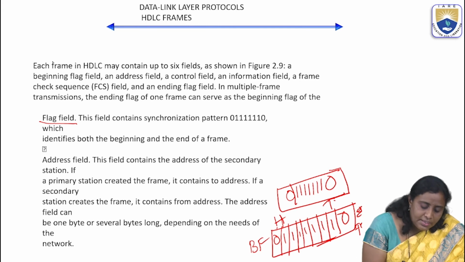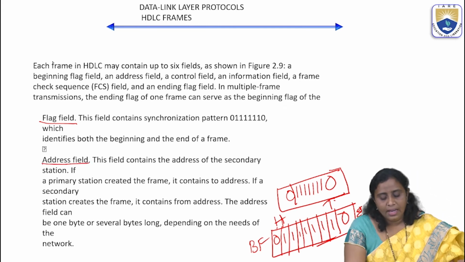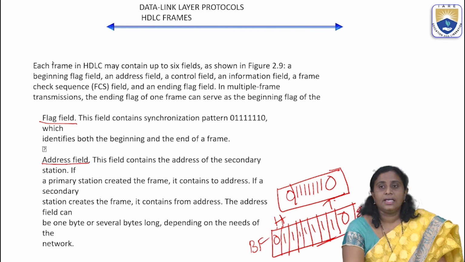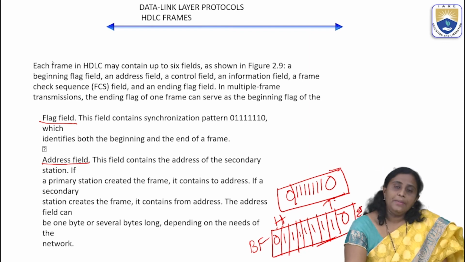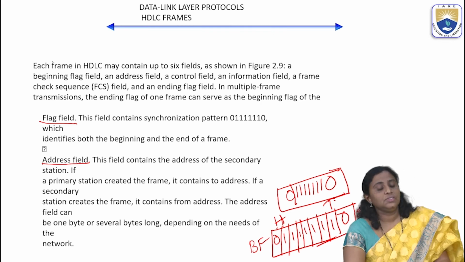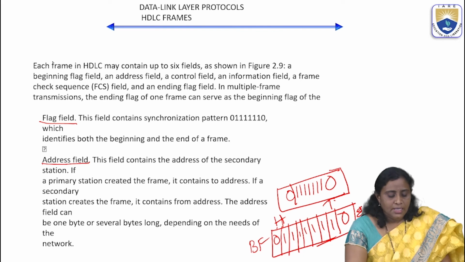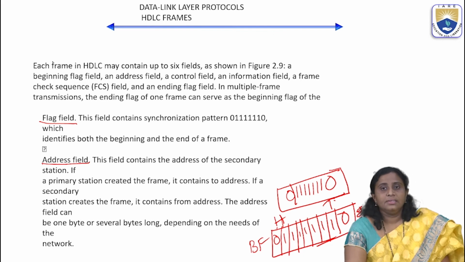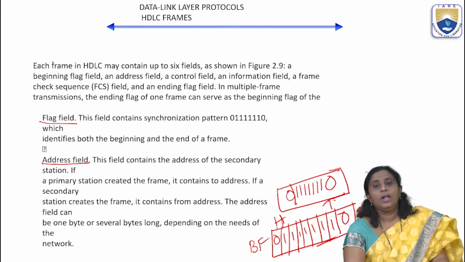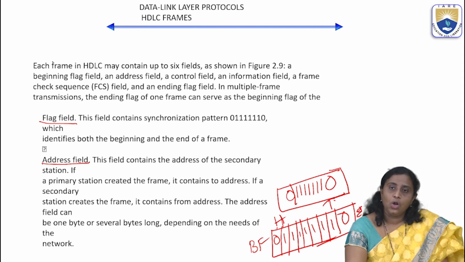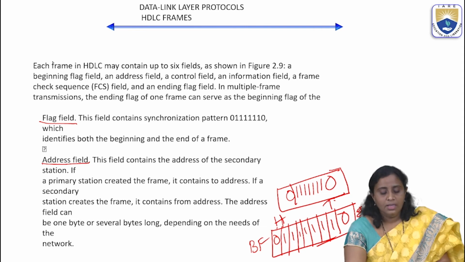The next one is the address field. This field contains the address of the secondary station. If the primary station creates the frame, it contains the to address. If a secondary station creates the frame, it contains the from address. This address field can be one byte or several bytes long, depending on the needs of the network.